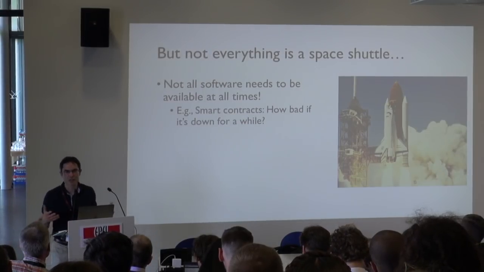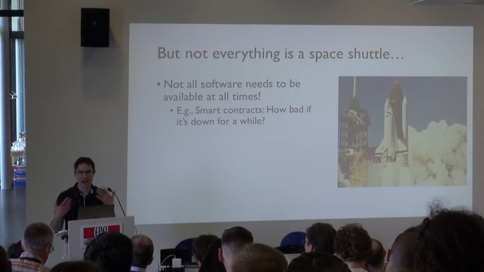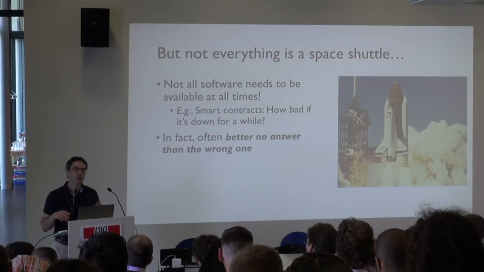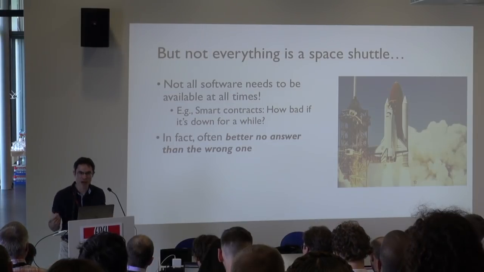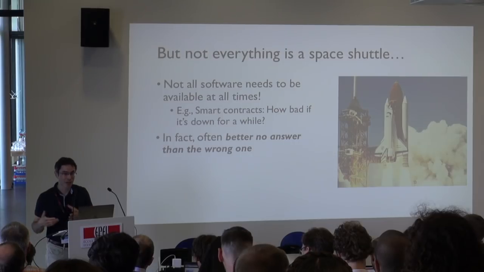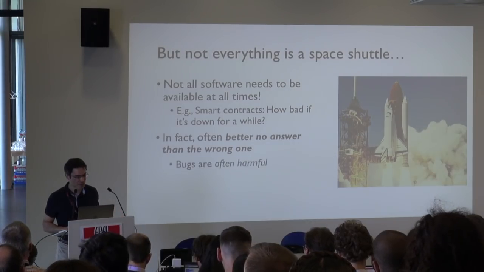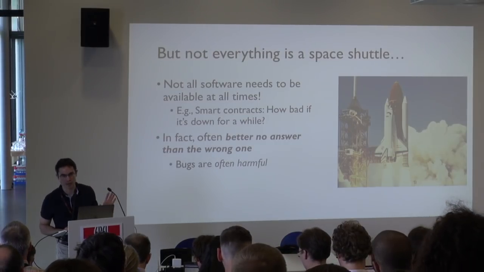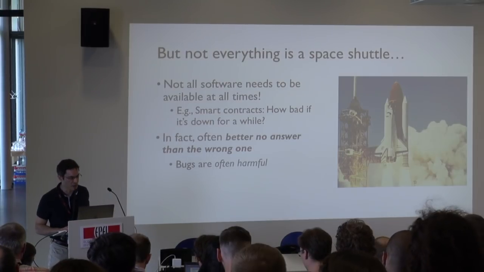But if we're talking about, say, a smart contract, it's not necessarily catastrophic if the contract goes down for a few hours or even a few days. To put it another way, there are many cases in which it's better to have no answer than to output the wrong answer, particularly if a wrong answer means that money is being stolen from a smart contract. Or, this is to say that bugs are often harmful and can be harmful, as you've seen, to the tune of tens of millions of dollars.